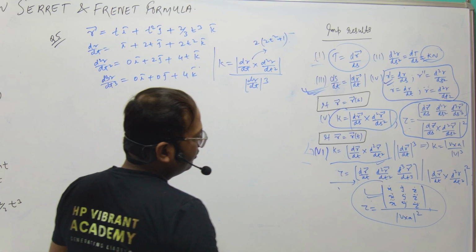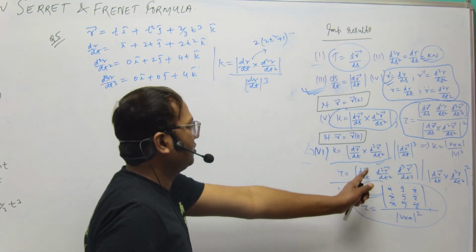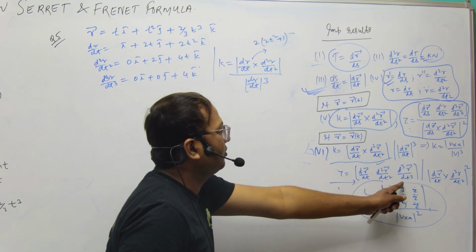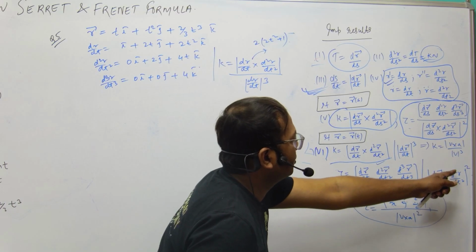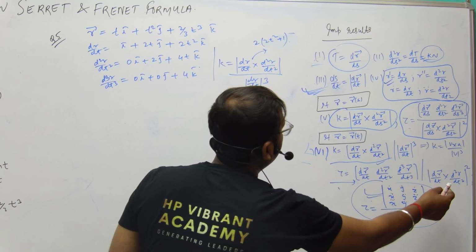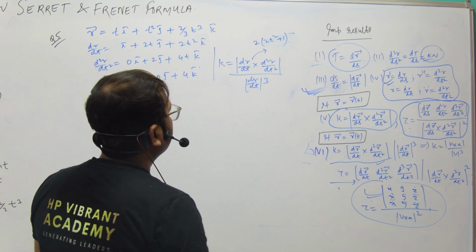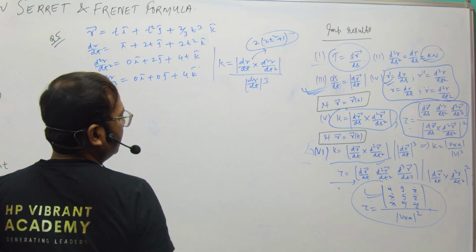We have the value of tau as the scalar triple product of dr/dt, d2r/dt2 and d3r/dt3, upon the modulus of dr/dt cross d2r/dt2 whole square. The cross product dr/dt cross d2r/dt2 we have already calculated. Let us find the scalar triple product.